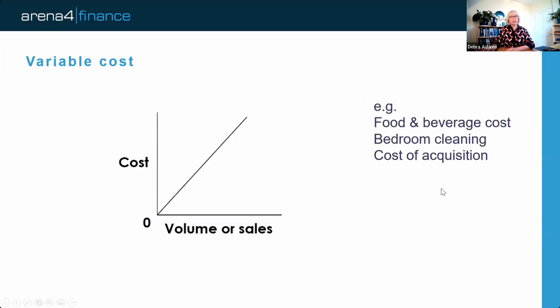So just to remind ourselves of the definition of each of these costs. The definition of a variable cost is a cost that changes in direct proportion to the level of sales. So when we have zero sales, there'll be zero cost, as you can see on my graph here.